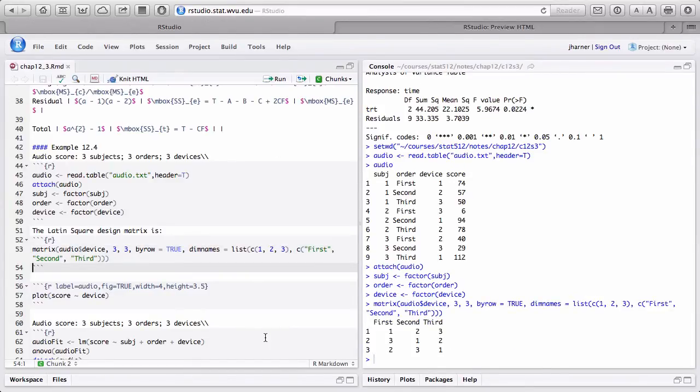What this is actually doing is mixing it up.